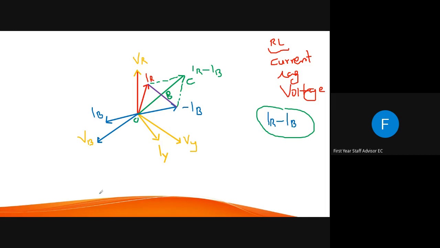According to the rule of parallelogram, what I am writing is, yes, correct answer, Nikhil Das, OC is equal to 2 into OB I can write.